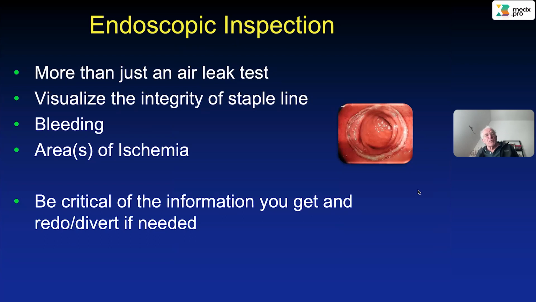If it's a low anastomosis, it's easy to put a scope into the anus and verify the integrity of the staple line, even injecting a little bit of air, see if there's any bleeding, any areas of ischemia, and you can even do ICG and look at the mucosa from the inside. I have a video on that, but time will not allow me to show everything.